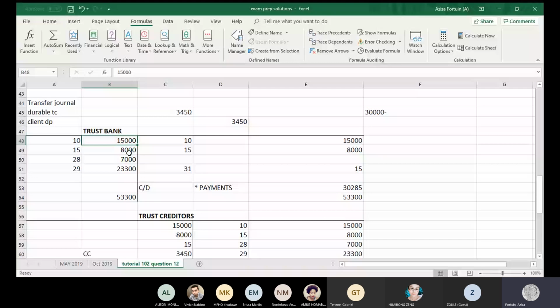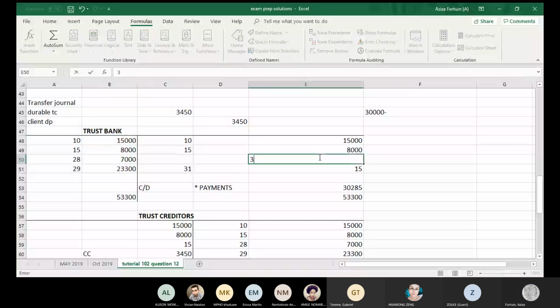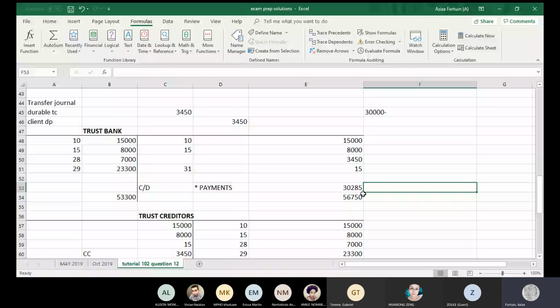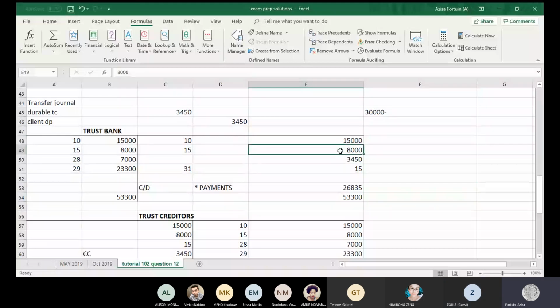Okay. Here's a mistake here, Maggie. We forgot to add the 3,450 here. So then I should have put it in here. Let me just minus it off here. Is it the 26,835? Okay, yeah. So on day 10, we had to transfer the money out of our trust bank account.